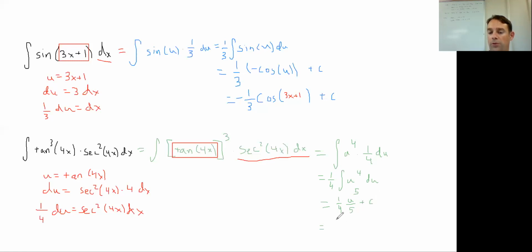So we end up with 1/20th u to the 5th plus c. And we plug our u back in there. Tangent of 4x.